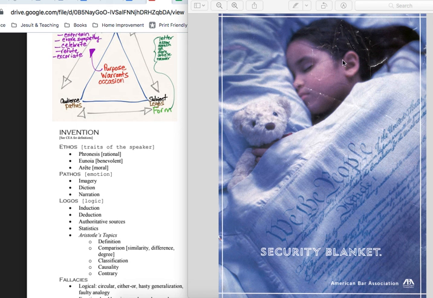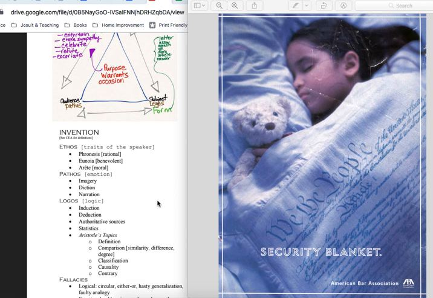One thing I want you to think about is that there are lots of details of this text that can be explained in many different ways. For instance, we pointed to the teddy bear as a kind piece of evidence to support the ethos, the eunoia of the speaker.